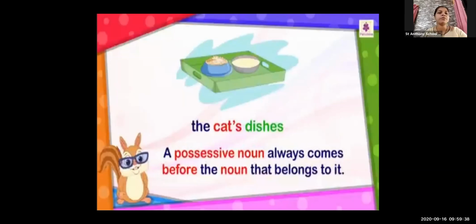When we talked about the particular thing here, we talked about the dish. That dish belongs to the cat. That's why it's a possessive noun.